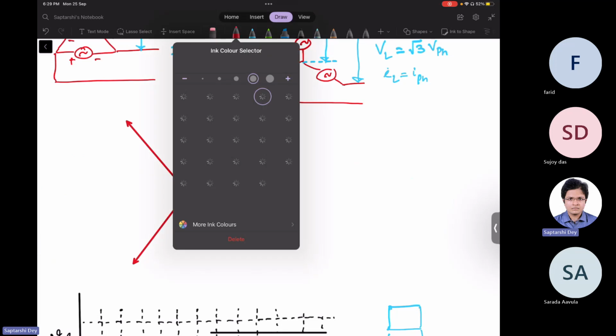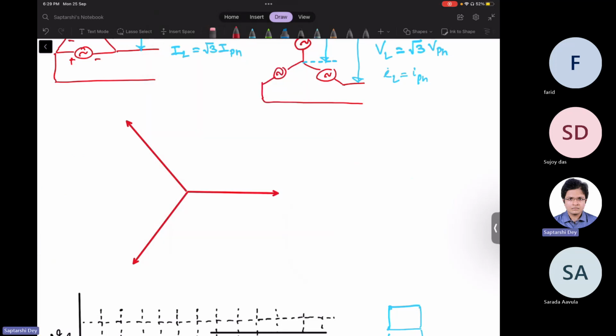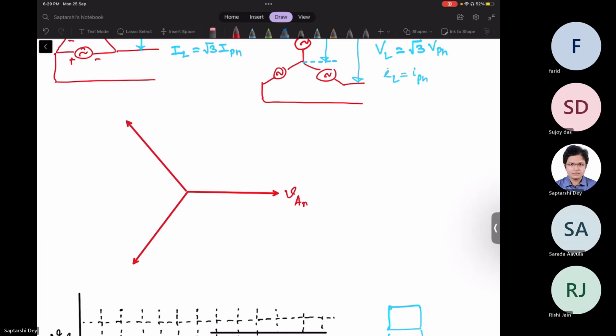Now, I have said that this one is phase A voltage VAN. Now, which one is phase B? Our convention says that phasors are rotating in anti-clockwise direction. So if I look from here, what I see is phase A crosses, then this one crosses.